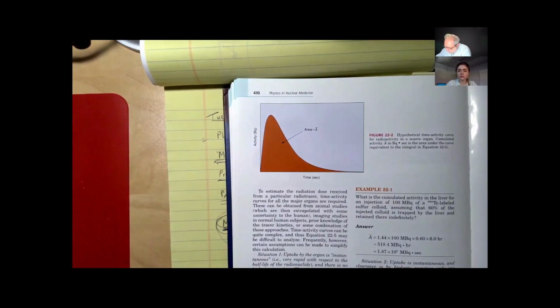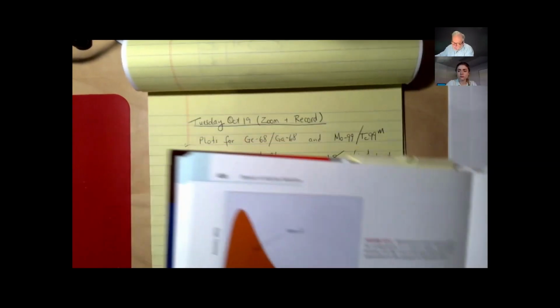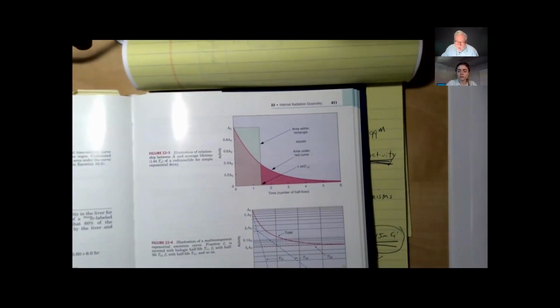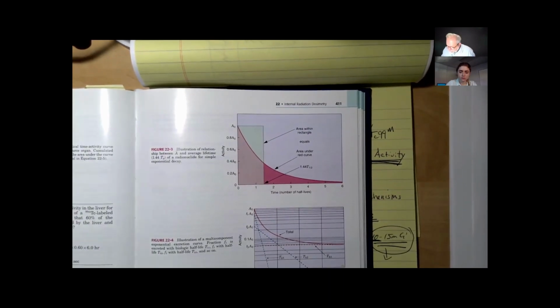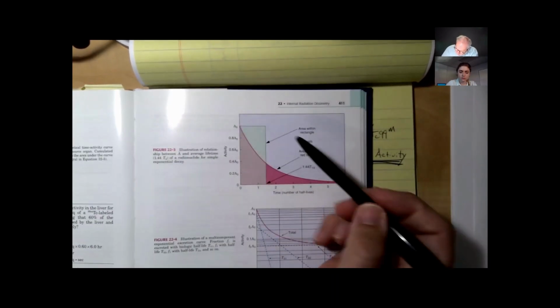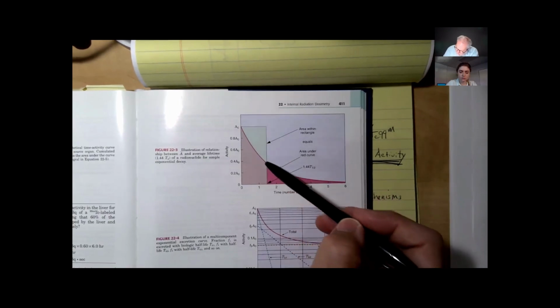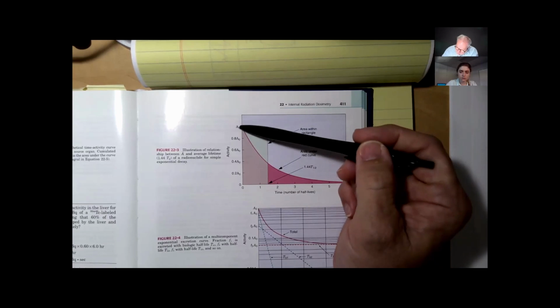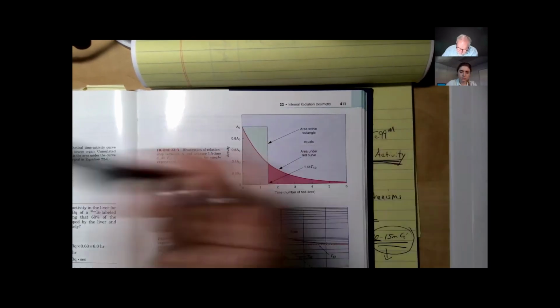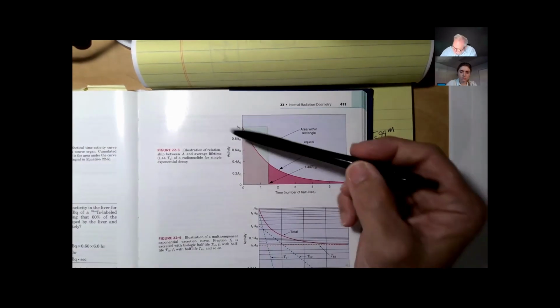Well, this is where we come into this concept of average lifetime, or mean life. Let's say we have a particular plot of activity, and we're looking at the peak here.